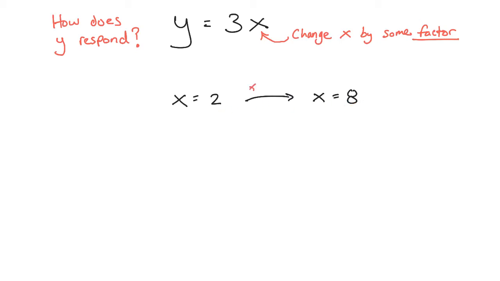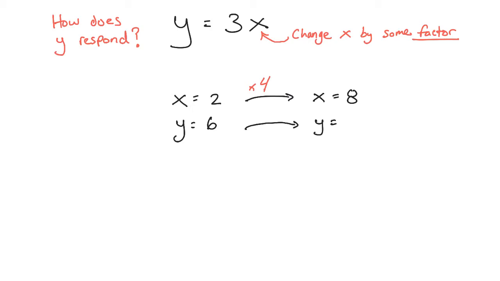It's by a factor of 4, so 2 times 4 is 8. And then obviously y is going to respond in exactly the same way. So in this function, we would be starting out as y is equal to 6 when x is 2, and then y is going to change by the exact same factor of 4. We don't even have to think about it. We don't even have to go to the equation and plug in now for our new x value.